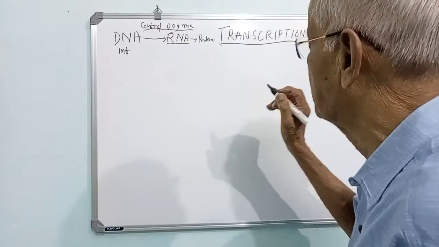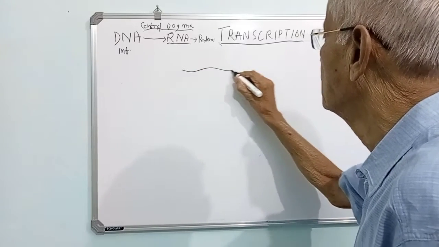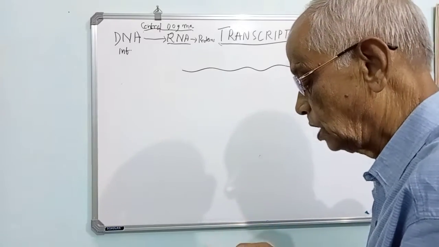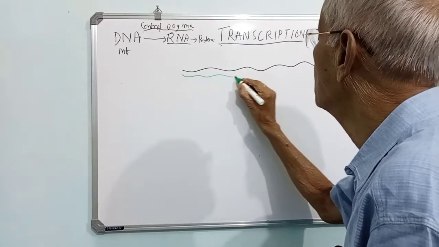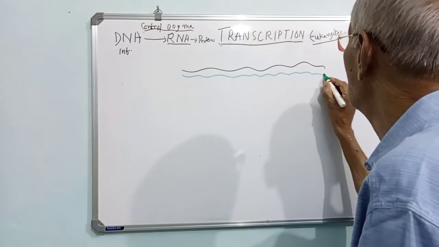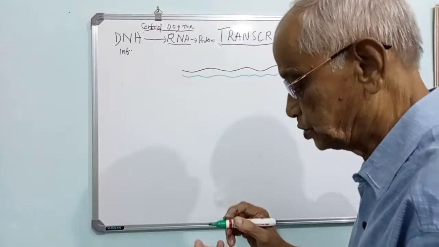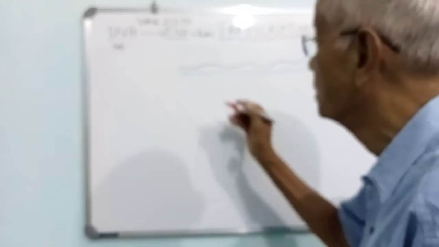Now, this happens on the DNA molecule. You know the DNA molecule consists of two strands, and in these two strands you will find the base pairs.